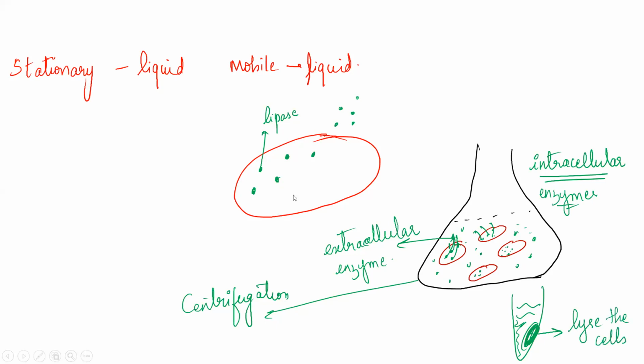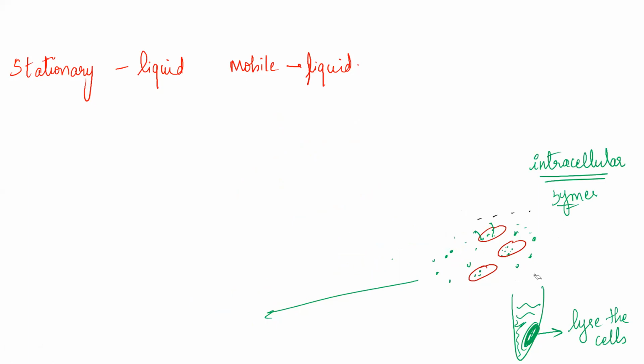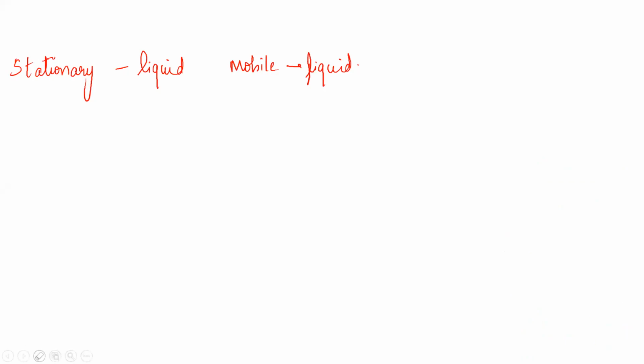Now if I give you a mixture, say of an extracellular enzyme, and I tell you that you have to separate them, how would you do it? Either you would use a chromatographic technique, that is what we are learning. A separation technique. The cell is not only producing lipase, because the cell has so many other genes also. So it might produce a mixture of lipase, protease, amylase or whatever.